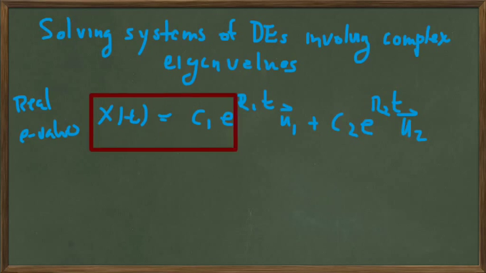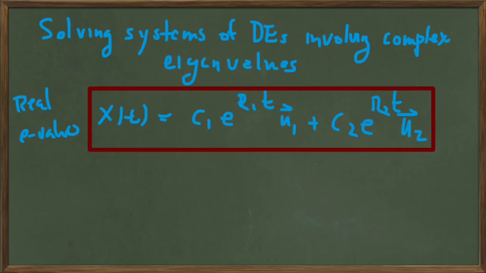But when we have complex eigenvalues, the structure of the solution is different. Just like when we had complex solutions to our characteristic equation before, we had a different structure to the solution. The solutions, we call them separately x and y, look like this.